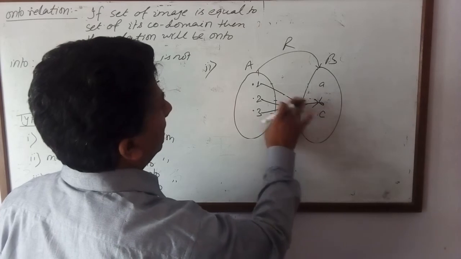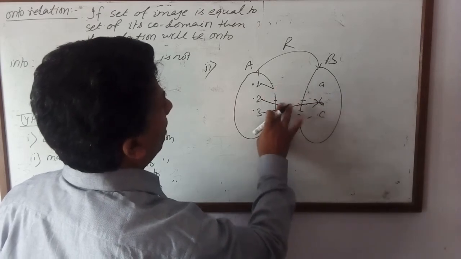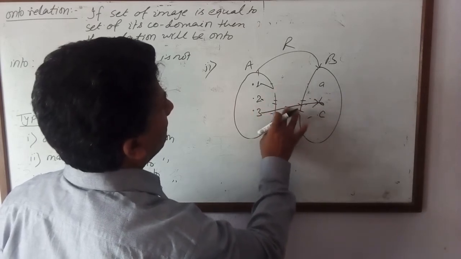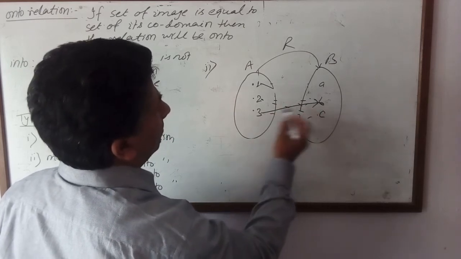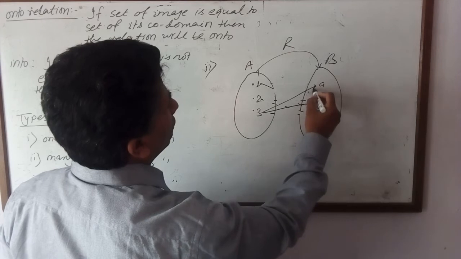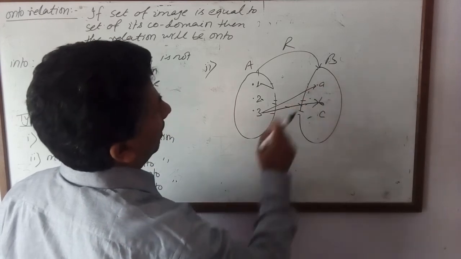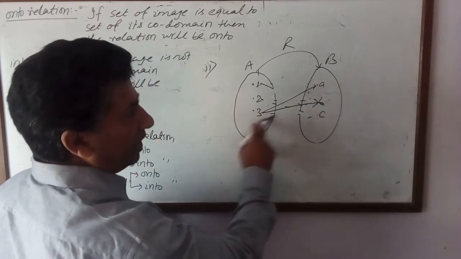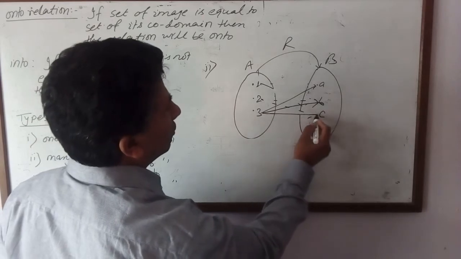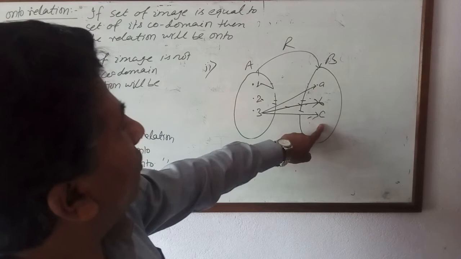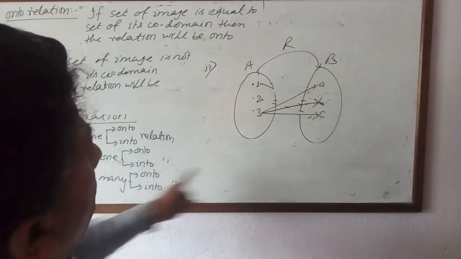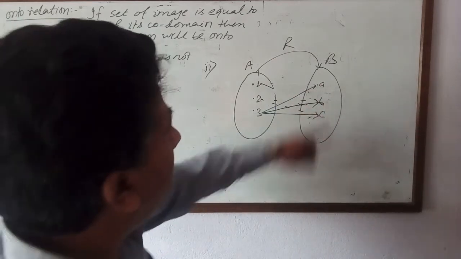I made a mistake here. 3 has image B, 3 has image A also. Now 1 to many: 3, 1 domain, many images. You can show it like this also. This 3 has image A also, B also, C also. Now this is a 1 to many relation, and this is onto.